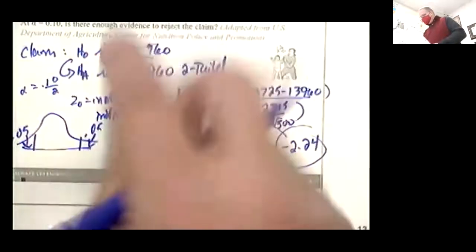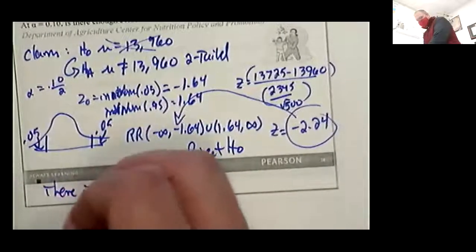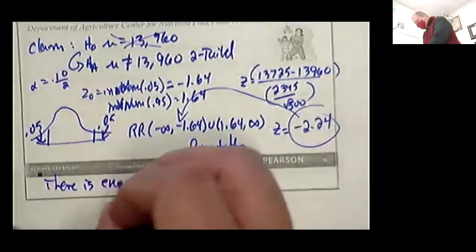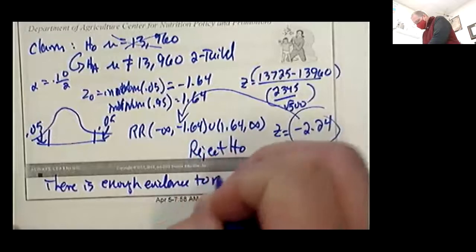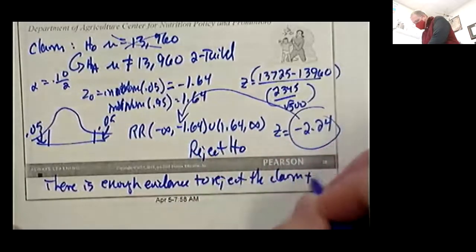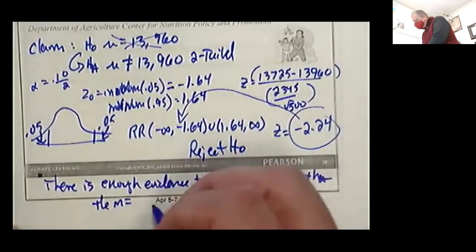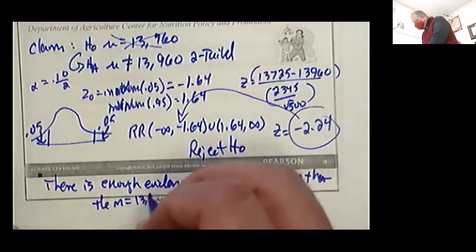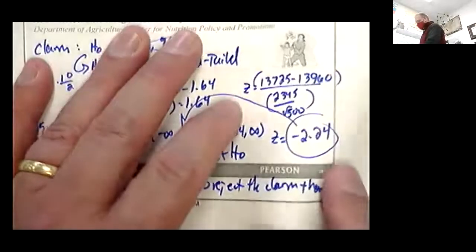So there is enough evidence to reject the claim. And the claim was that the mean cost of raising a child is 13,960.